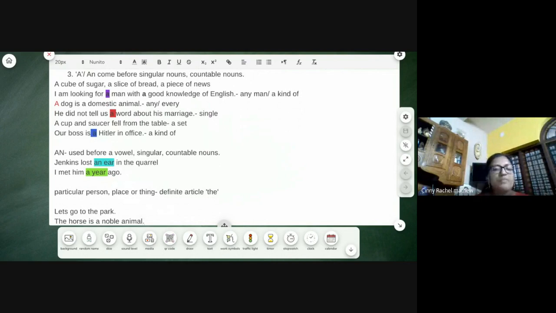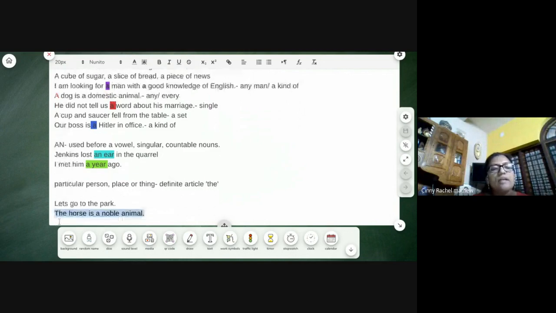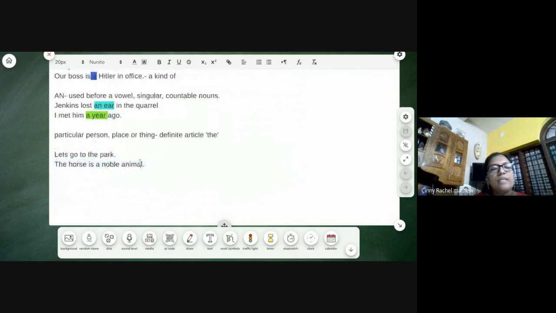I would be referring to the horse here. The horse here would not mean just one horse, or the horse that is standing in front of me or walking along on the road or something like that.